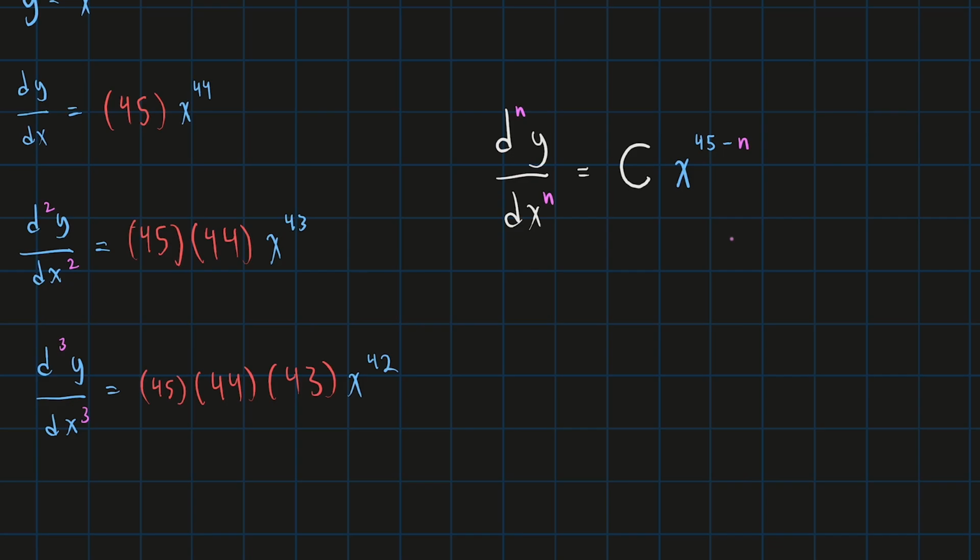What happens when I take my 45th derivative? We know that our 46th derivative is the derivative of our 45th derivative. So it's very important to know what our 45th derivative is. Let me write that down.